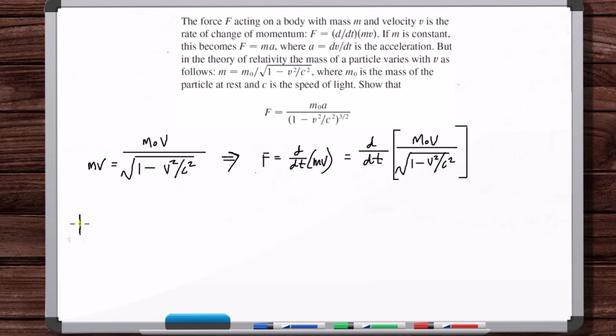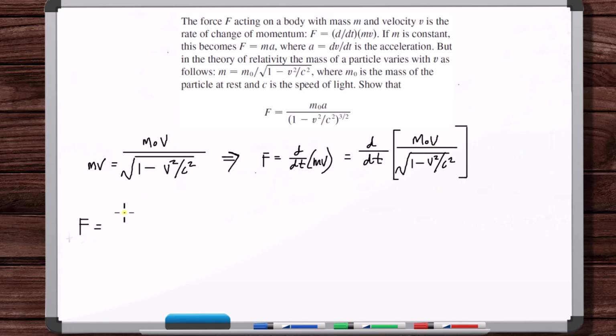Right, we have to differentiate everything that's a function of t. Well, only the v is in this equation here. So how do we take this derivative? We use the quotient rule. We have a function of t at the top and a function of t at the bottom in the denominator. The v is the function of t. So, okay, quotient rule.